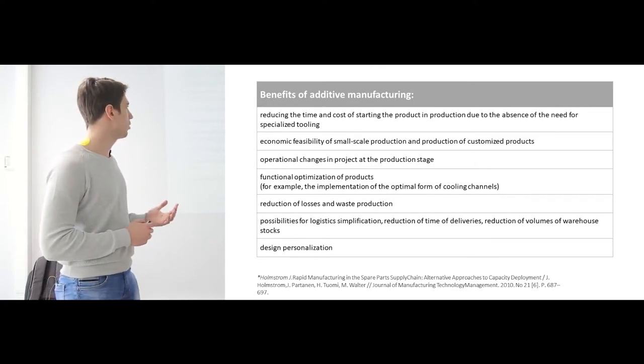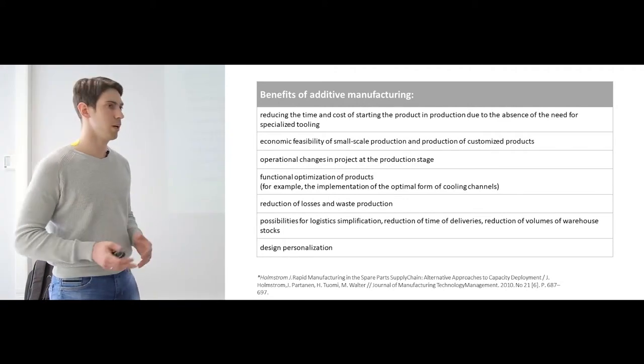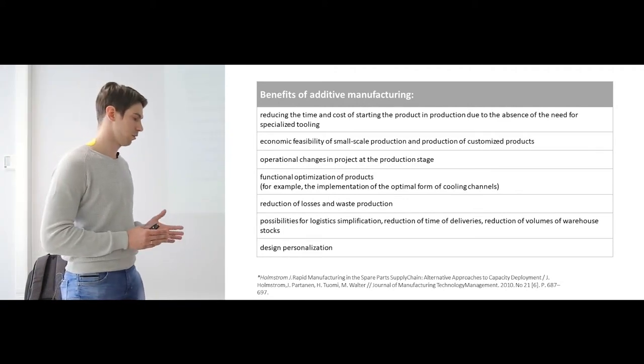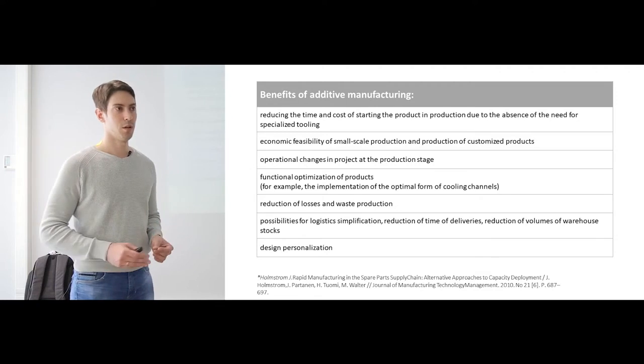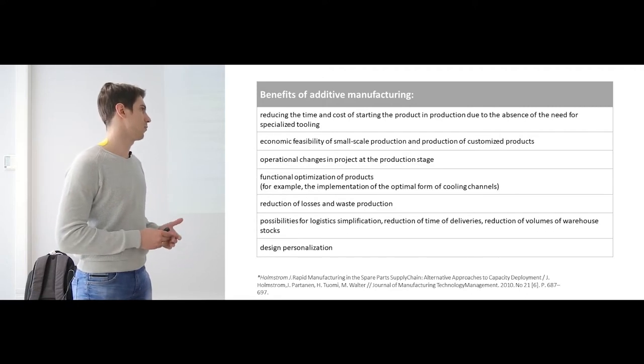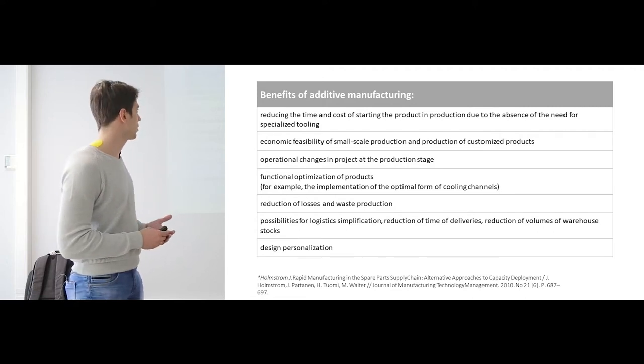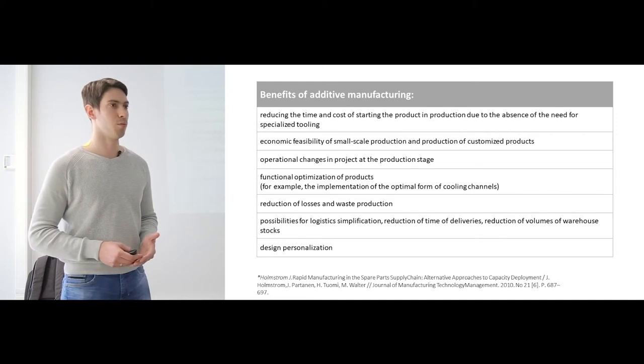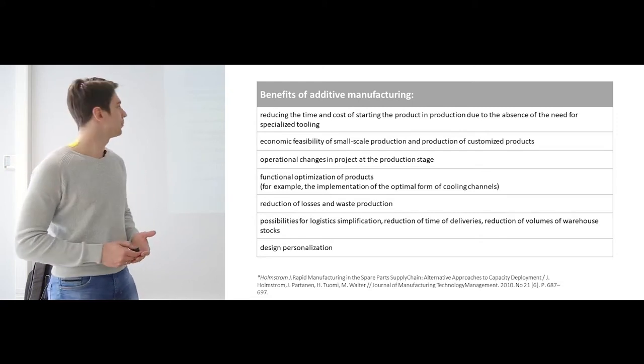If you use 3D printing, you don't have to do that. You just print your model once. That leads to a very big reduction of cost because the master forms are mostly very expensive.